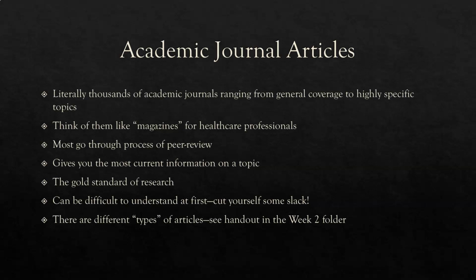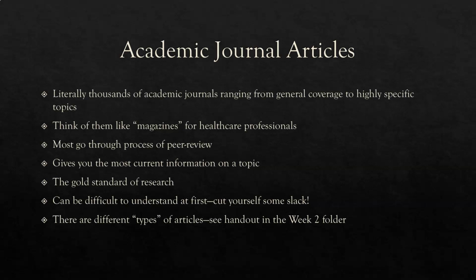Academic journals are special, though, because they go through a process called peer review. And this is very, very important, and what sets academic journals apart from just your standard magazine or your standard publication. Peer review is a process where, before the journal publishes an article, they have that piece reviewed by a panel or a board of experts.